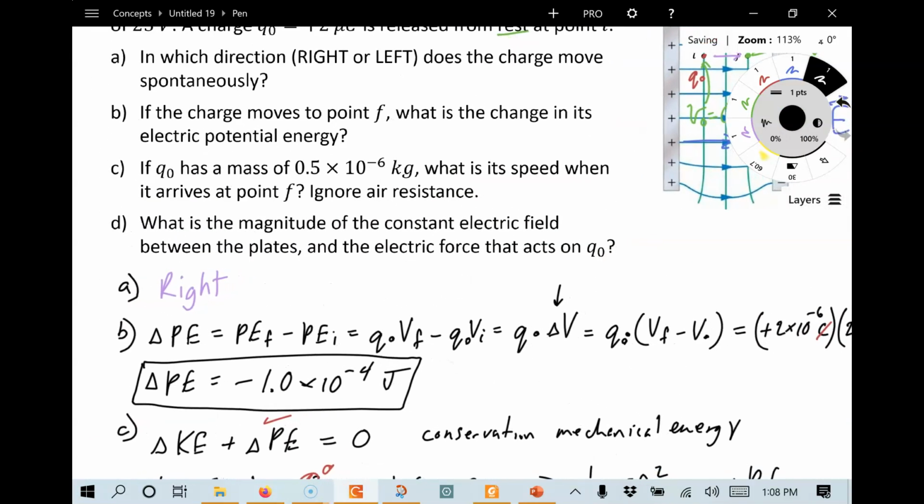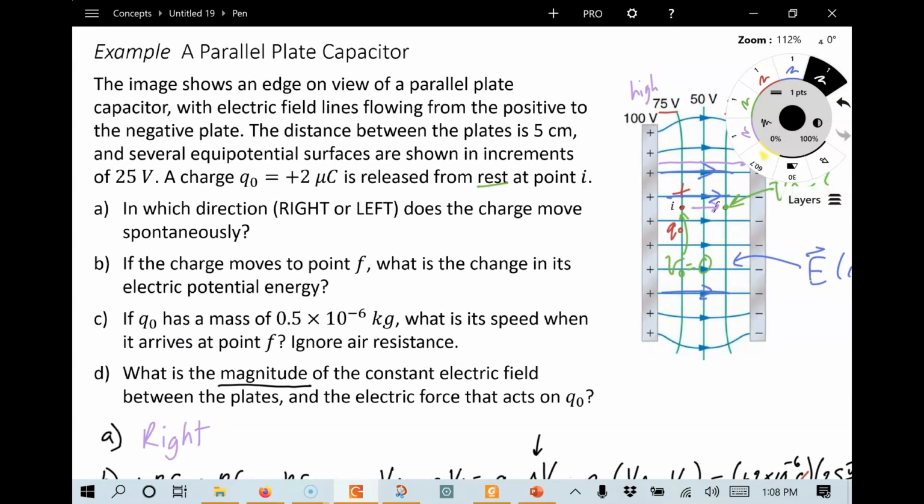What is the magnitude of the constant electric field? Well, we want the magnitude here between the plates and the electric force that acts on Q0. Well, we were told that the distance between the plates, from here to here, is equal to 5 centimeters. That is what we call delta X in that equation. A lot of times we also just call this distance D.